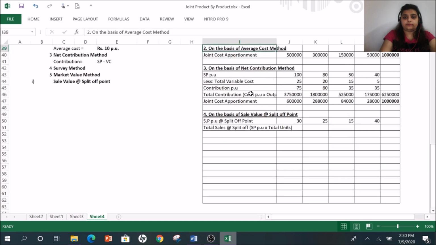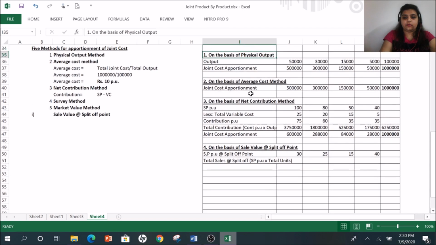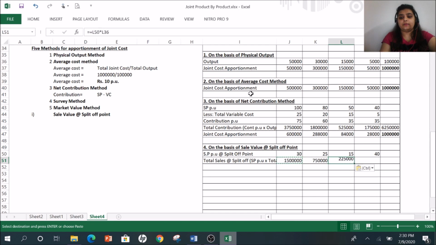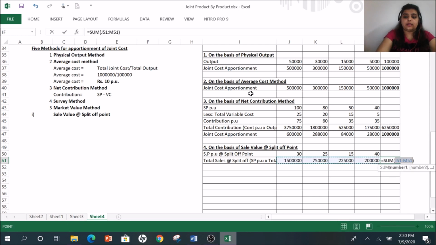So here that would be 30 rupees into the number of units, that is 50,000. Similarly for others as well, and we get a total sales of 26,75,000. Now joint cost apportionment will be on this basis.